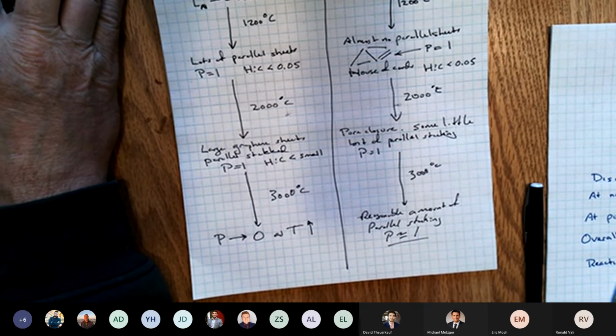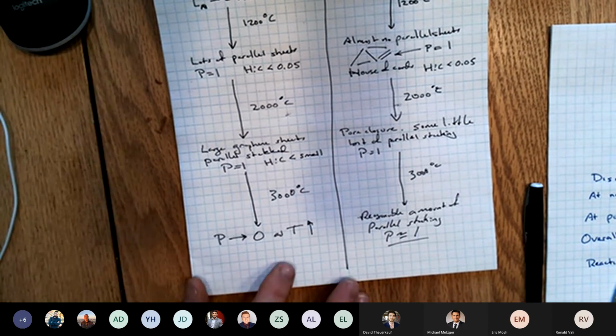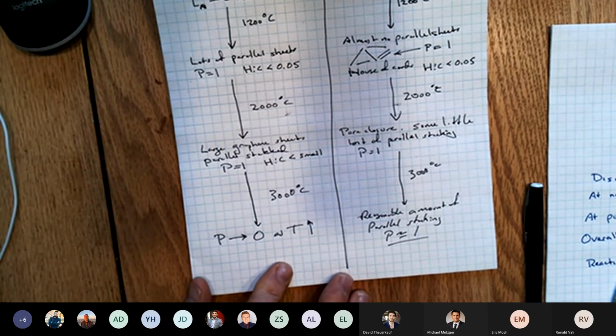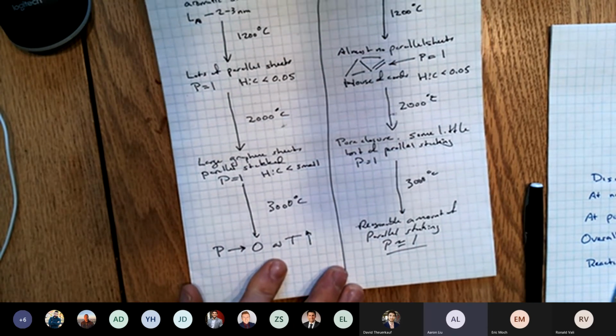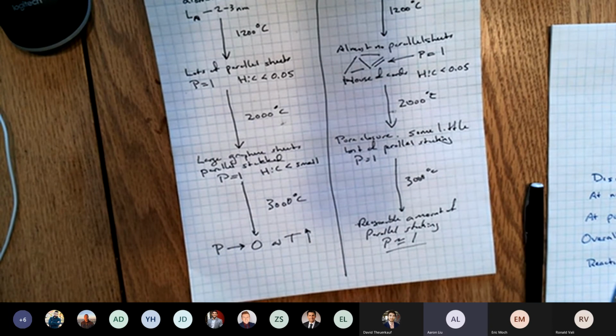Okay, any questions on this before I go back to the PowerPoint? Yeah, I have a question, Jeff. So we know hard carbons don't have a fluid phase. Is it possible to maybe mechanically make the hard carbons really, really small to the point where it could almost act like a fluid phase?